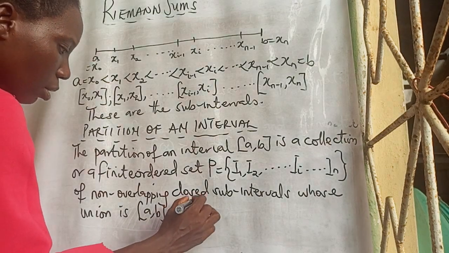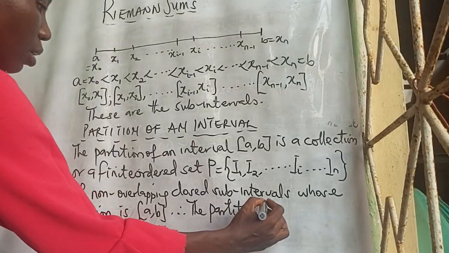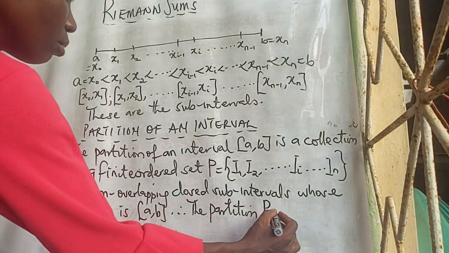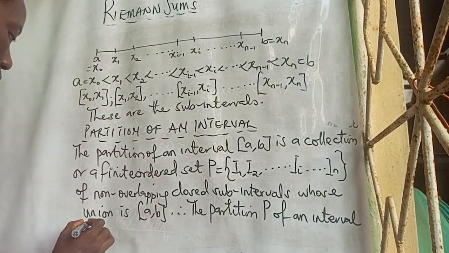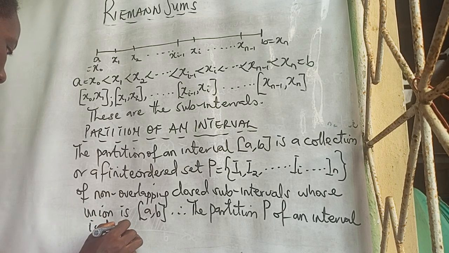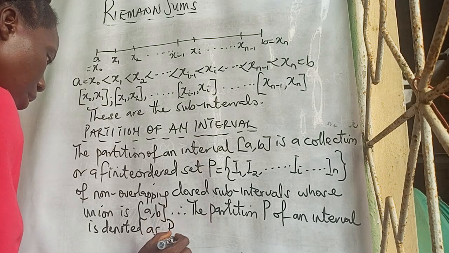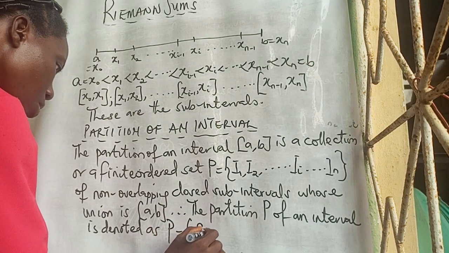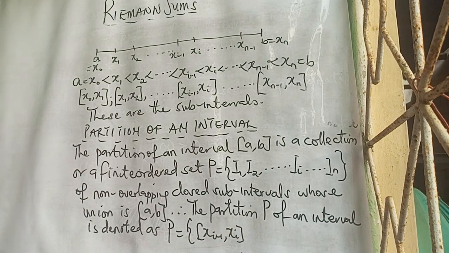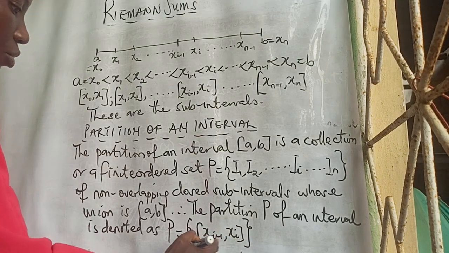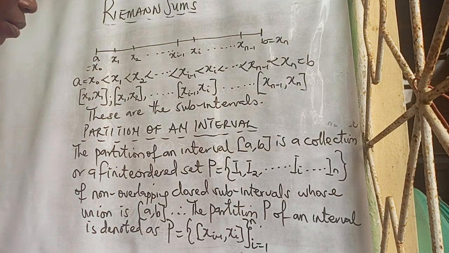Therefore, the partition P of an interval is denoted as P equals the set of the subintervals x sub i minus 1 to x sub i, from i equals 1 to n.